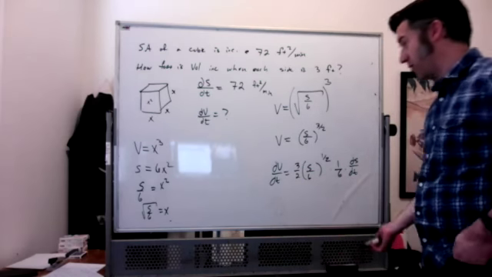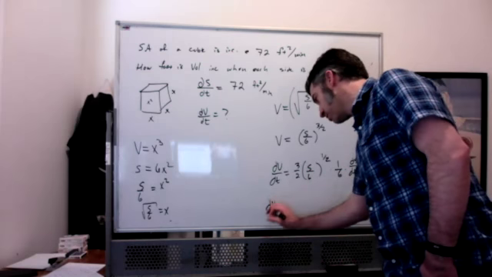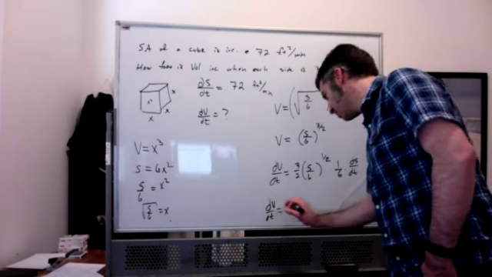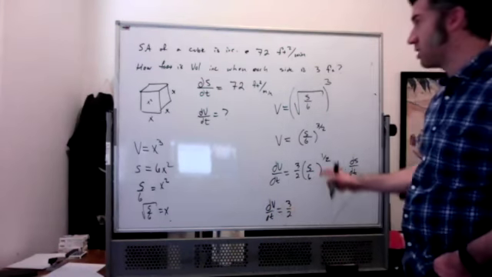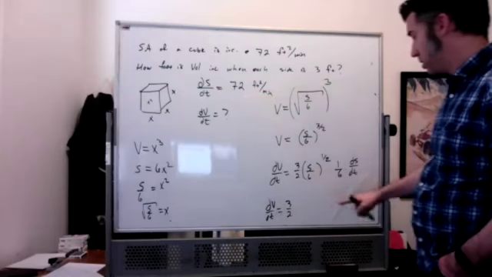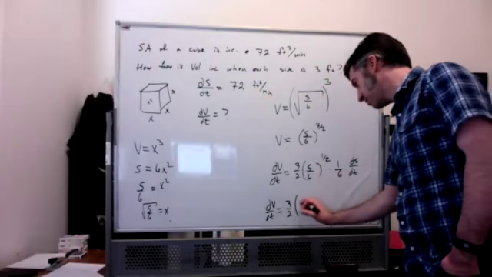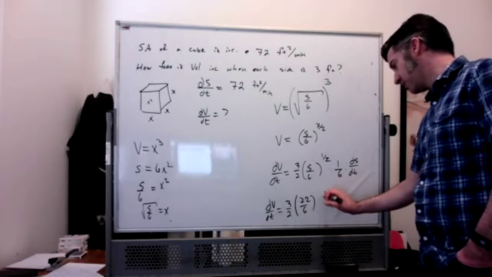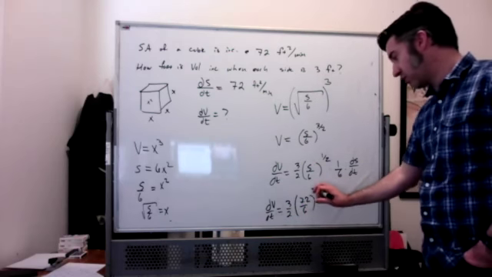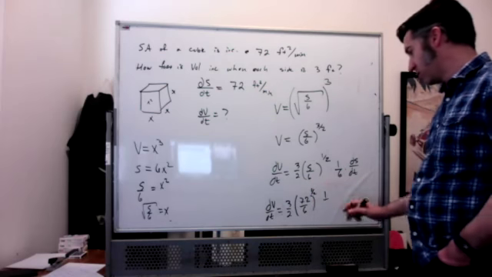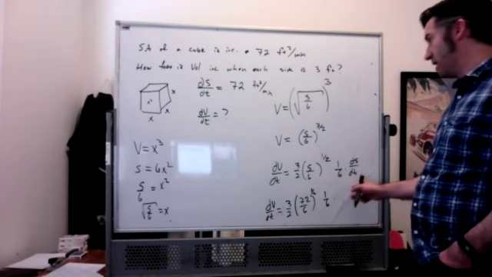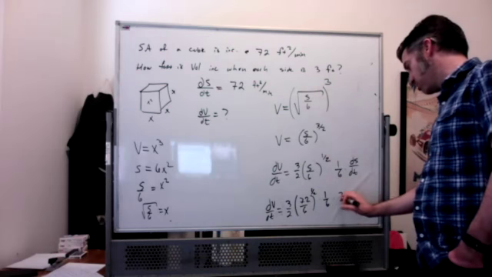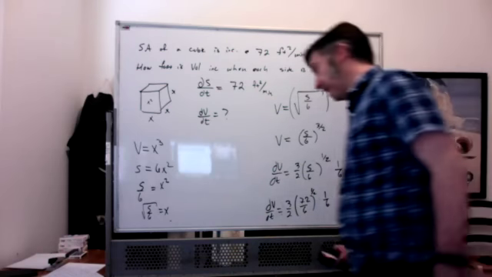Now we're going to plug in. We know that S is equal to 72. So we have 72 divided by 6 to the 1/2 power times 1/6 times dS/dt, which is 72. This doesn't come out to be very nice.